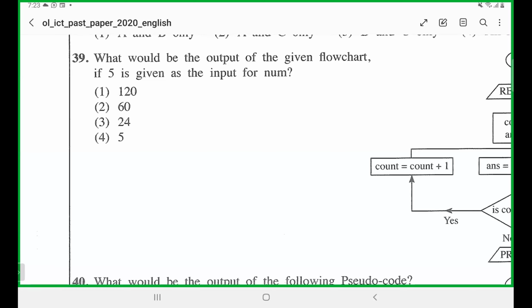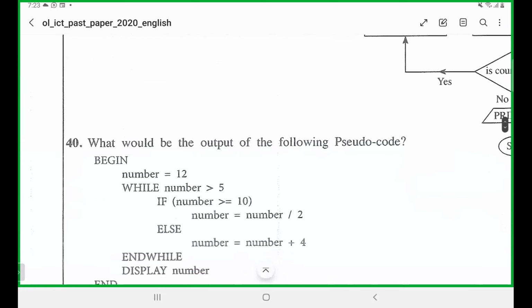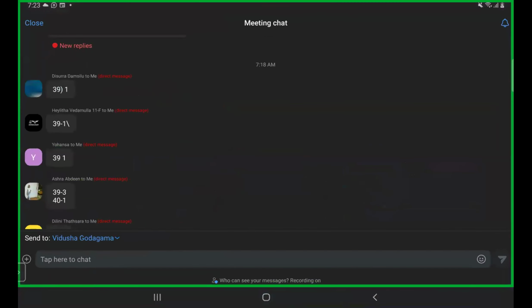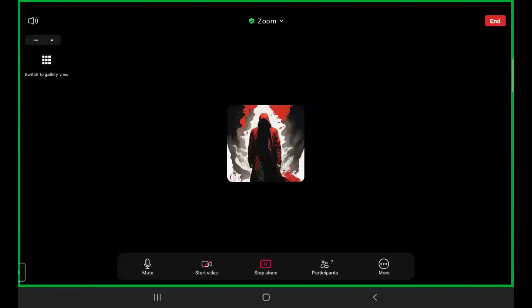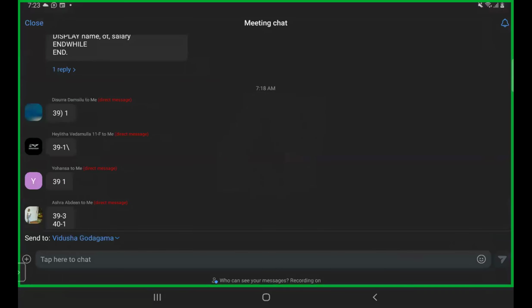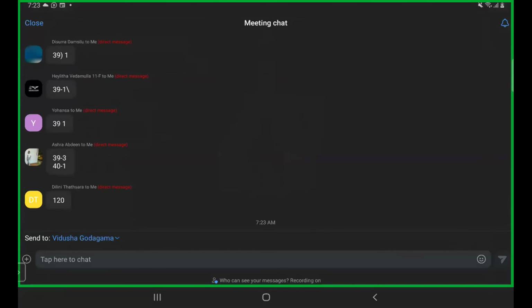It's very easy to find the answer there. The others can continue with the next one, the 40th. Waiting for your answers.